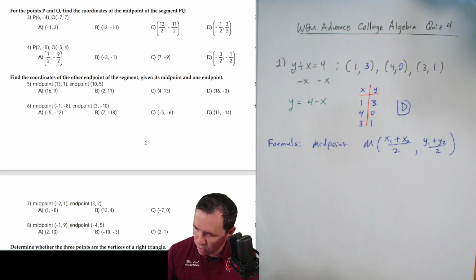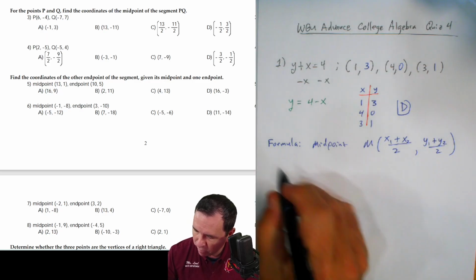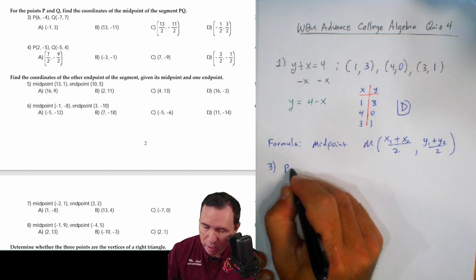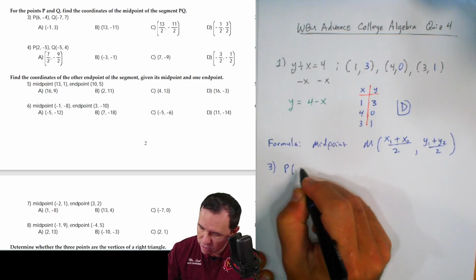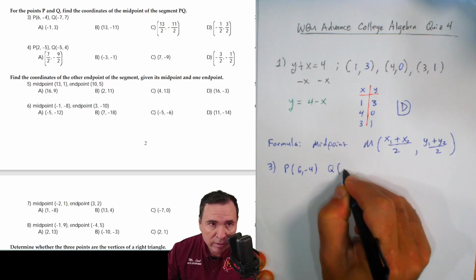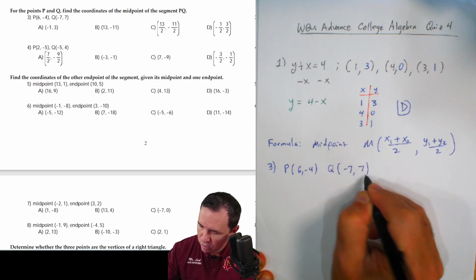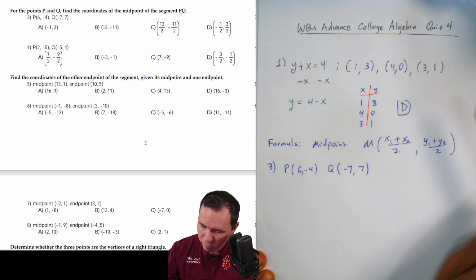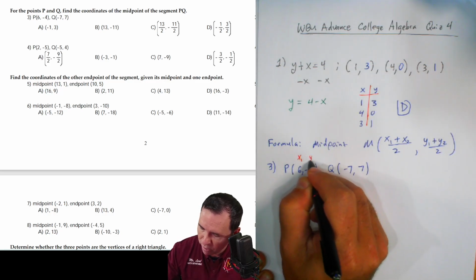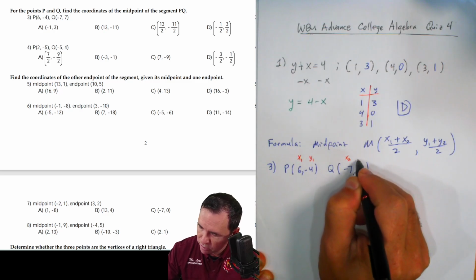So in question 3, we are given 2 points, right? We're given P and Q. P is 6, negative 4. And Q is negative 7, 7. So the first thing that I would recommend for you to do is label these points. This is x1, this is y1. This is x2, and this is y2.